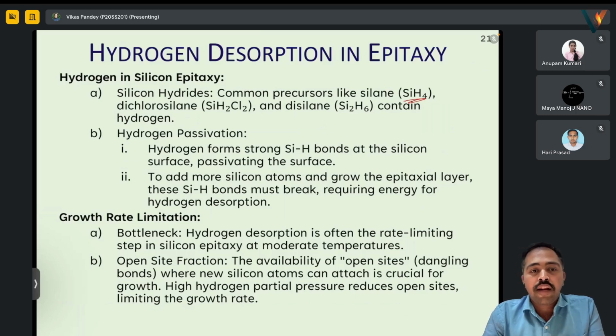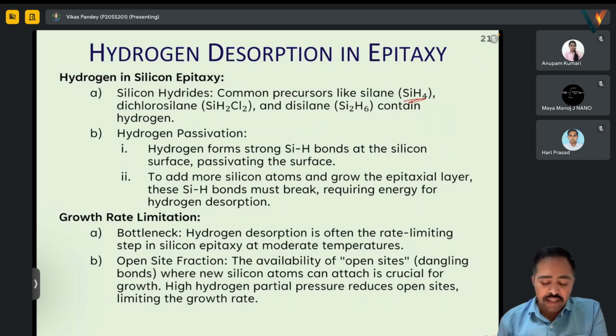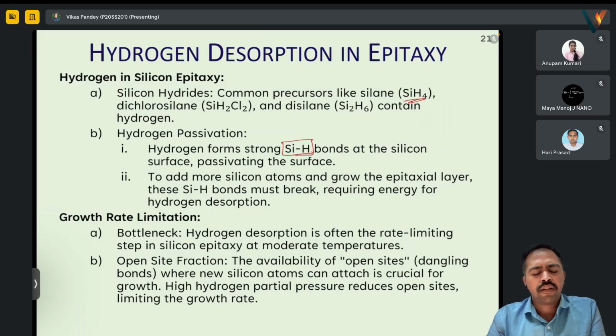They all contain hydrogen, and the problem is that it creates a strong bond. Silicon and hydrogen create a strong bond at the silicon surface, and as such, the surface on the top is passive. It is not available for reaction.